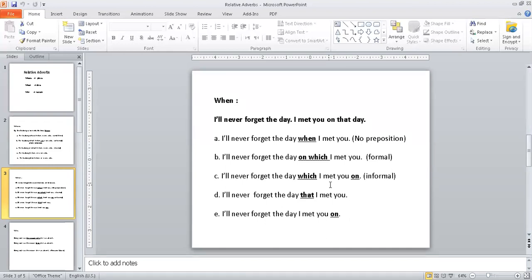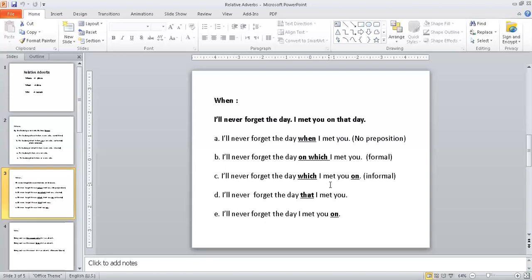It's possible to use that. Look at D. I'll never forget the day that I met you. And also you can drop the relative adverb. In this sentence, we are modifying the day. Look at the second sentence. I met you on that day.